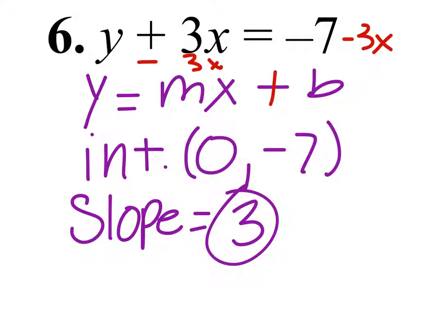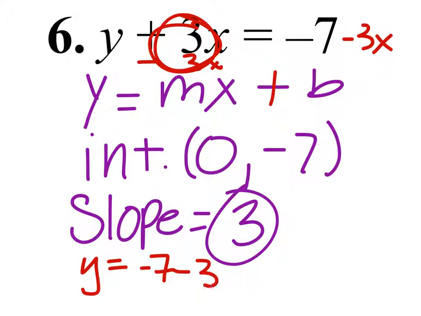So it should help us to see what to do and what not to do, and that's good. All right, so then we got y, because this 3x stuff cancels out. So then we got y equals negative 7 minus a 3x, which would be the same as y equals negative 3x minus 7. So I just move those terms.